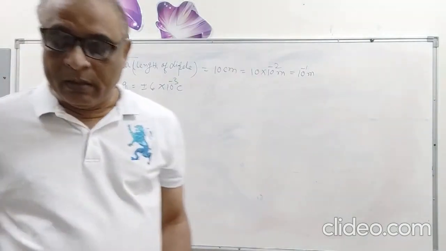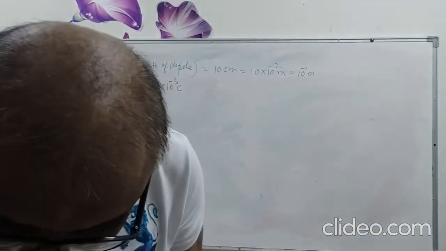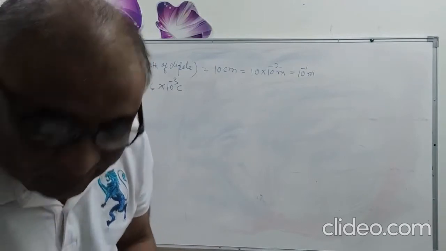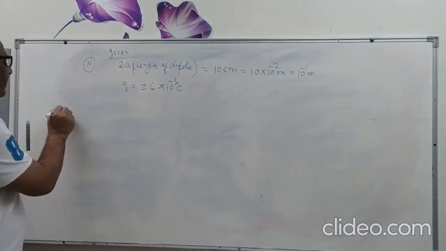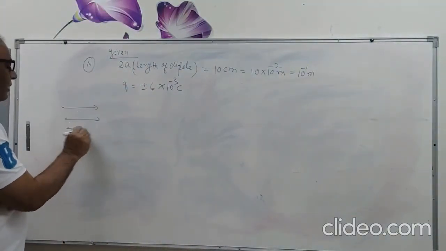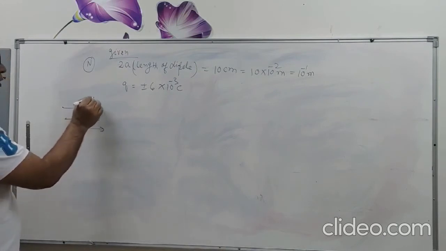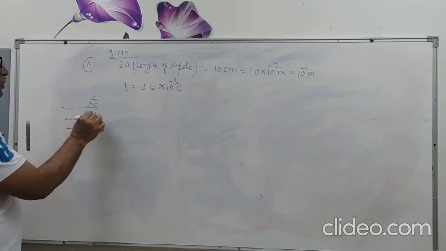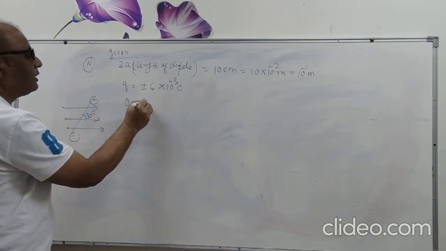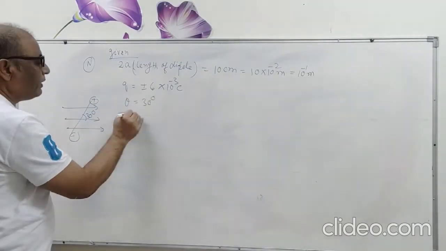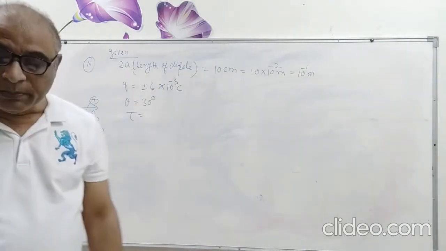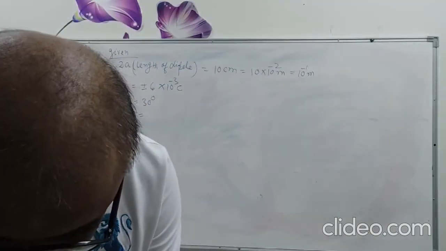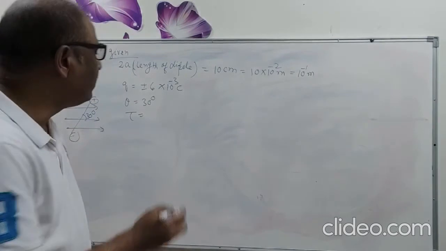And the dipole is aligned with the electric field at 30 degrees, which means if this is the electric field, then this dipole is at 30 degrees to it. So theta is 30 degrees, and even torque is given. The magnitude of torque is 6 root 3 newton meter.